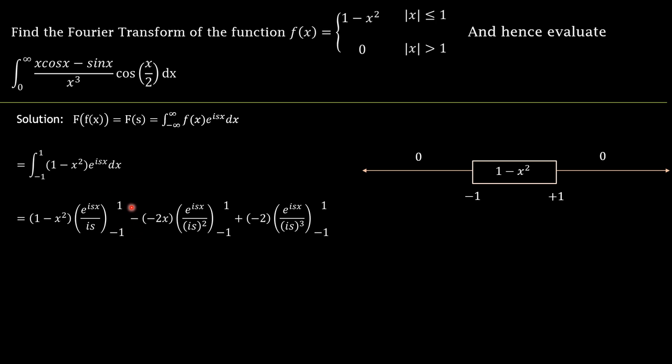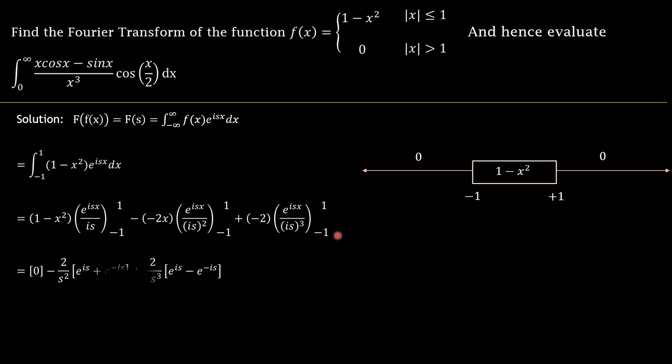So the second term is negative, minus into the differentiation of the first function, that is 1 minus x square, which is nothing but minus 2x, into the integration of the second function, that is e to the power isx by is whole square, where x is varying from minus 1 to 1, plus the derivative of minus 2x. What is the derivative of minus 2x? It is minus 2 into integration of the second function, that is e to the power isx by is whole cube, where x is varying from minus 1 to 1.